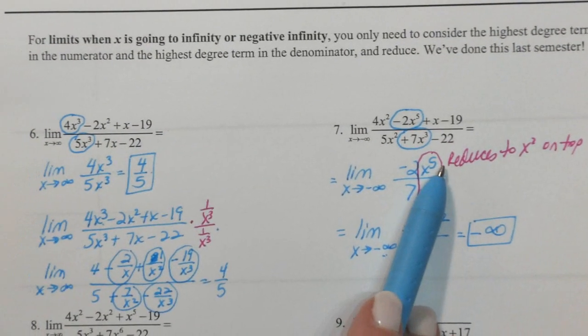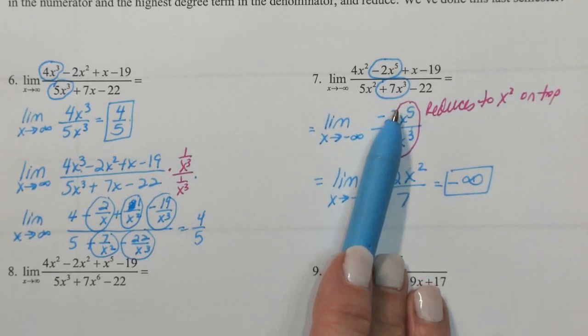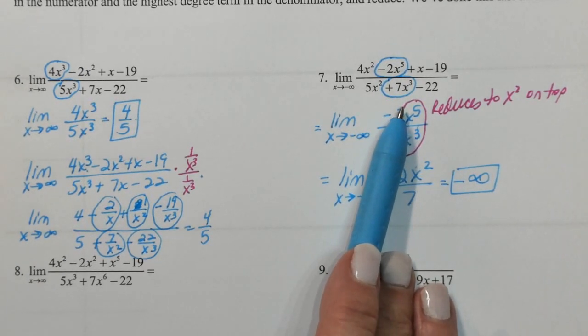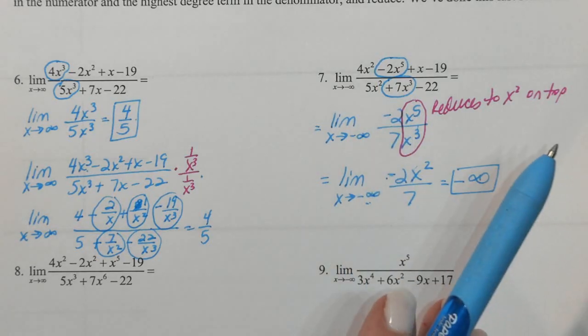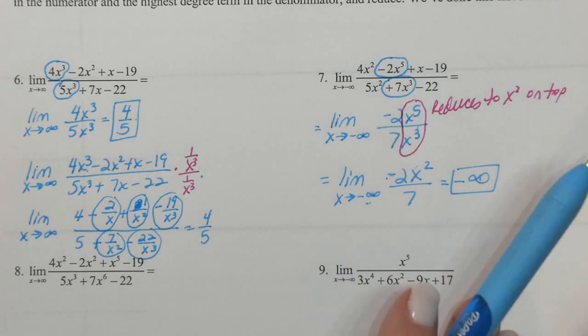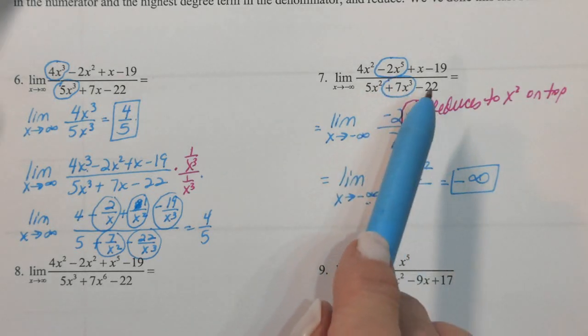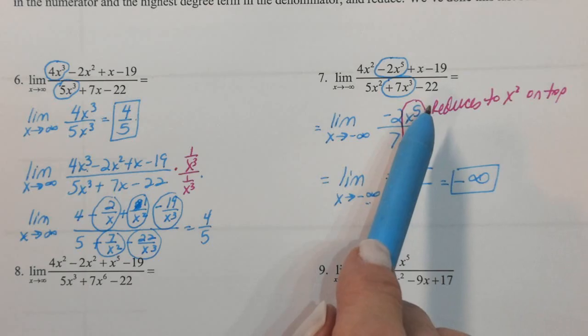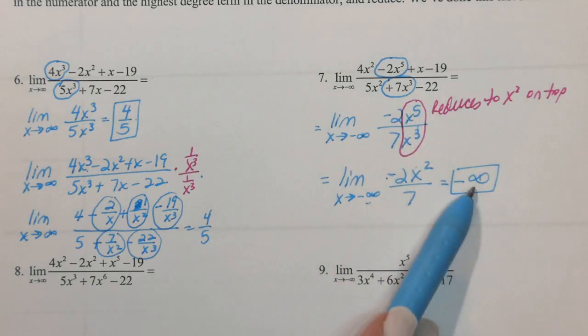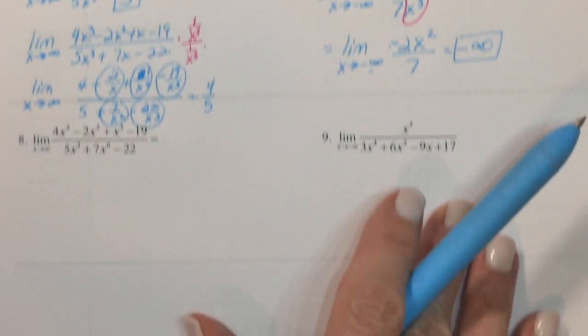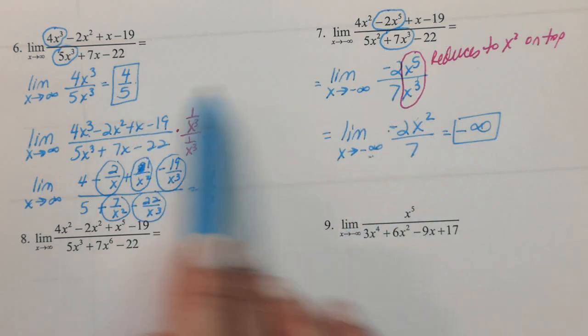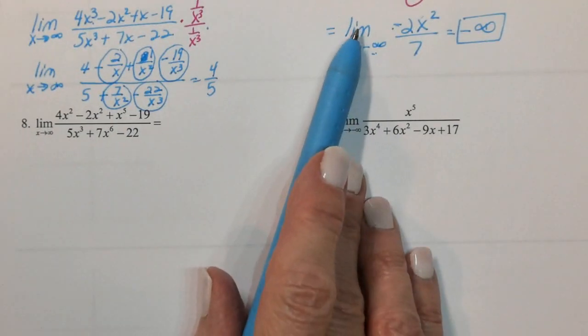This is one of the reasons why I don't like the rhyme that some of you may have learned in the past: the top, no, bottom O, same co rhyme. The reason I don't like it is because the no is too non-descriptive. I need you to tell me if that's a positive or a negative infinity. Okay? This way will always work. Always. So just do it this way.